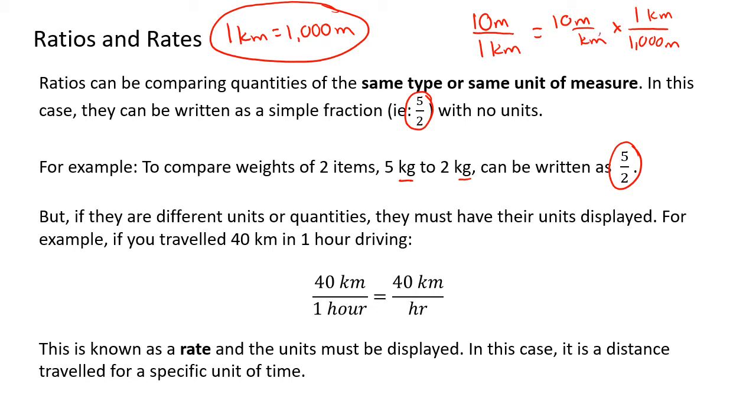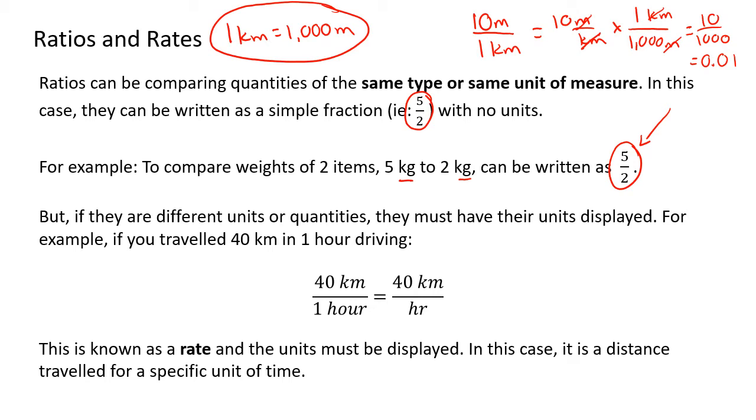So if you do that, you'd have units that cancel. What you're left with is 10 divided by 1,000, which is equal to 0.01. All I did there was use ratios to convert, and you end up with something unitless, because all of the units have canceled out in this question.